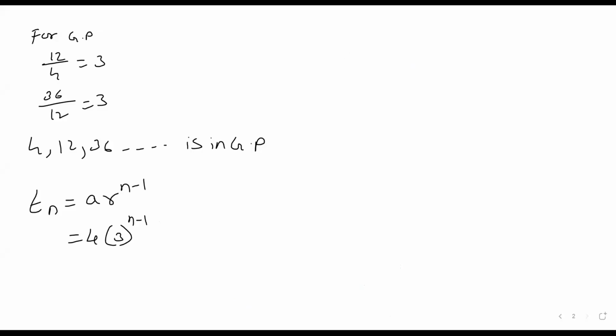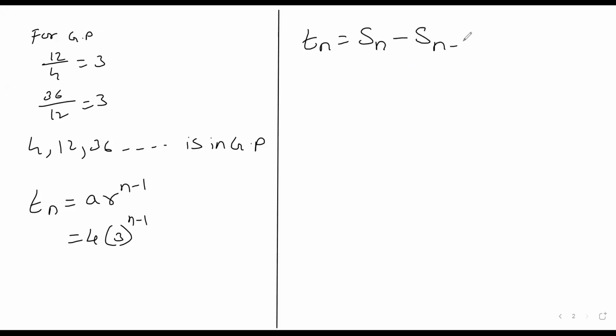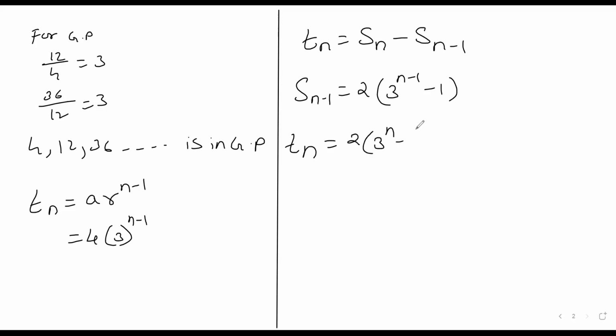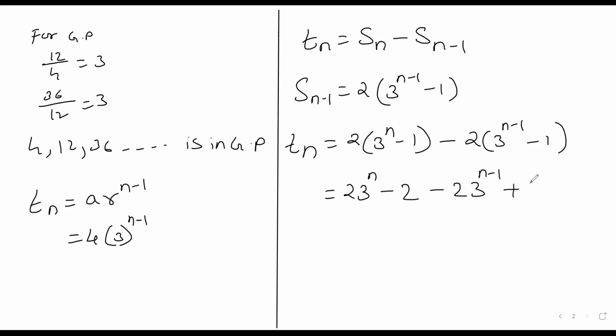The alternative method is that you can use this formula: Tn is Sn minus Sn minus 1. Sn minus 1 will be 2(3 raised to n minus 1, minus 1). So Tn will be 2(3 raised to n minus 1) minus 2(3 raised to n minus 1 minus 1). That is 2 into 3 raised to n minus 2 into 3 raised to n minus 1, plus 2.